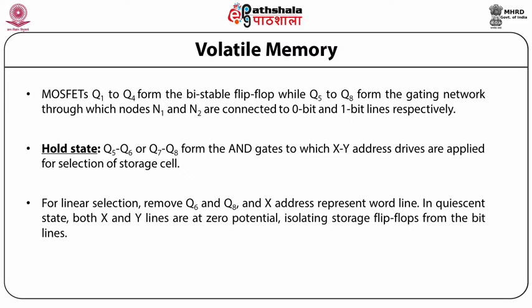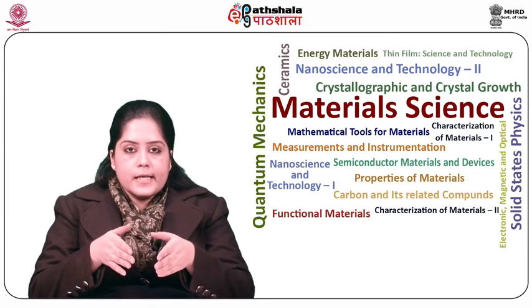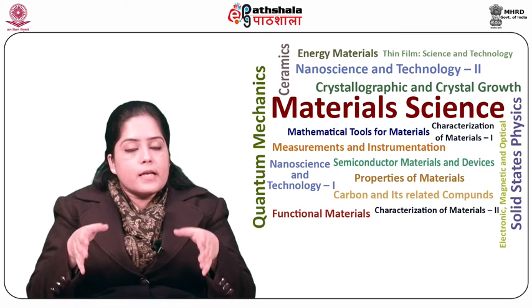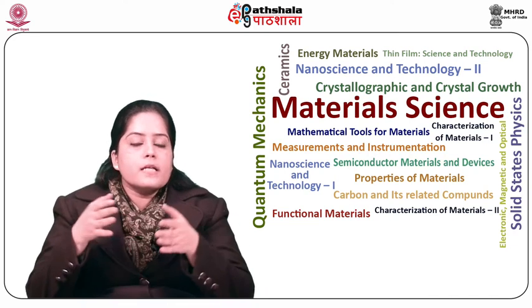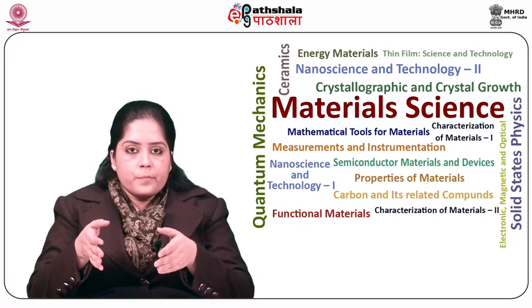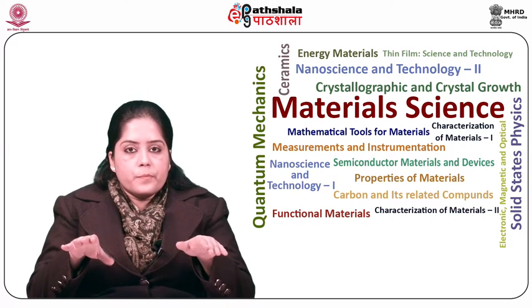In the quiescent state, both X and Y lines are at zero potential, isolating the storage flip-flops from the bit lines. Let us consider Q2 on and Q1 off, implying N1 equal to VDD and N2 equal to 0.